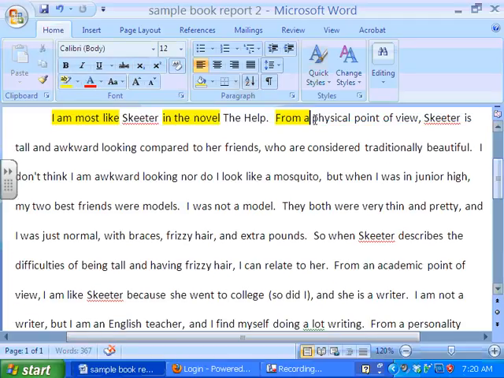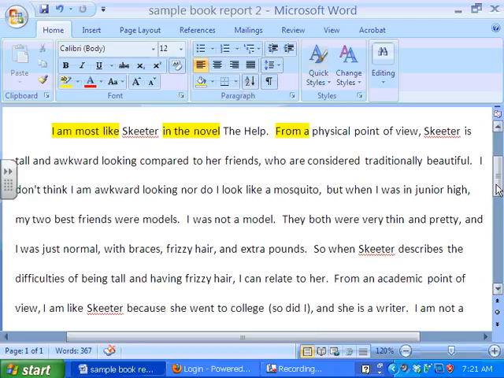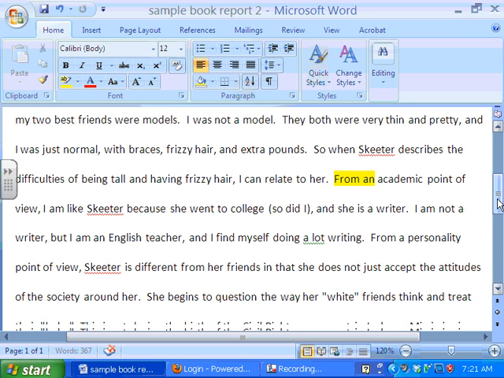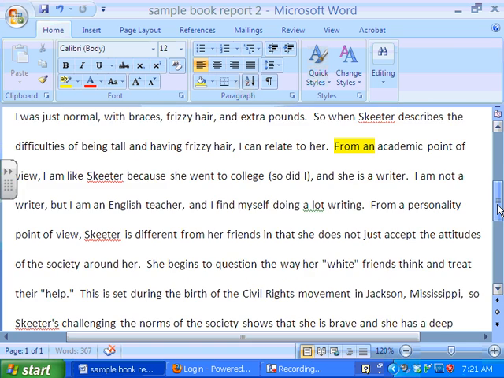You could mimic my ideas: pick one kind of attribute or trait you're like that person in, from what point of view, or in what way. You don't have to talk about physical and academic things because that might not apply to your story.